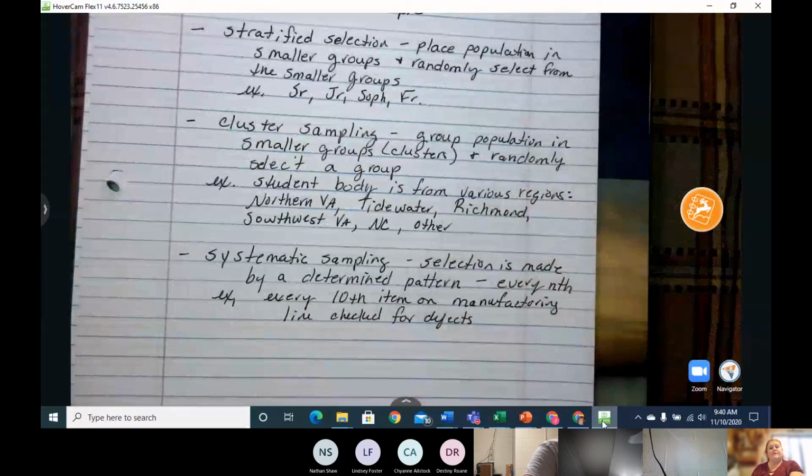Rather than checking each individual item, they randomly check every so often to see if defects are occurring.